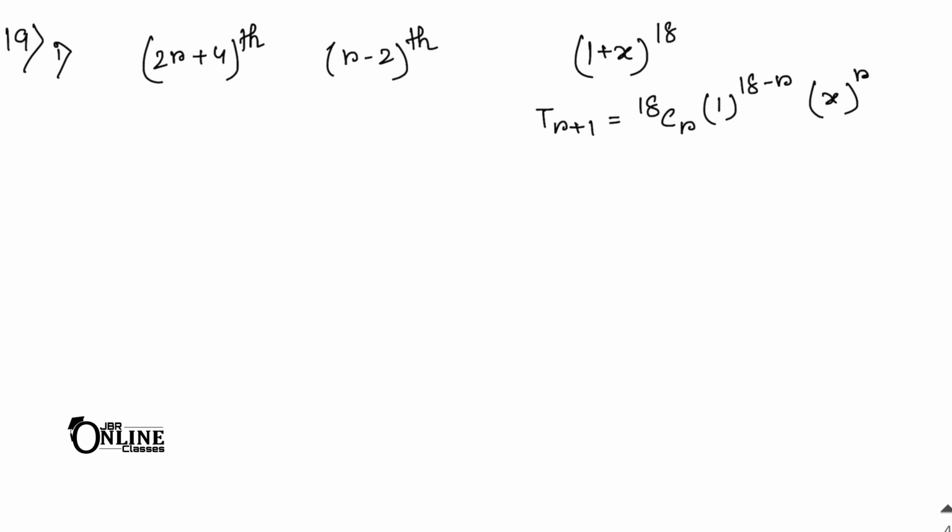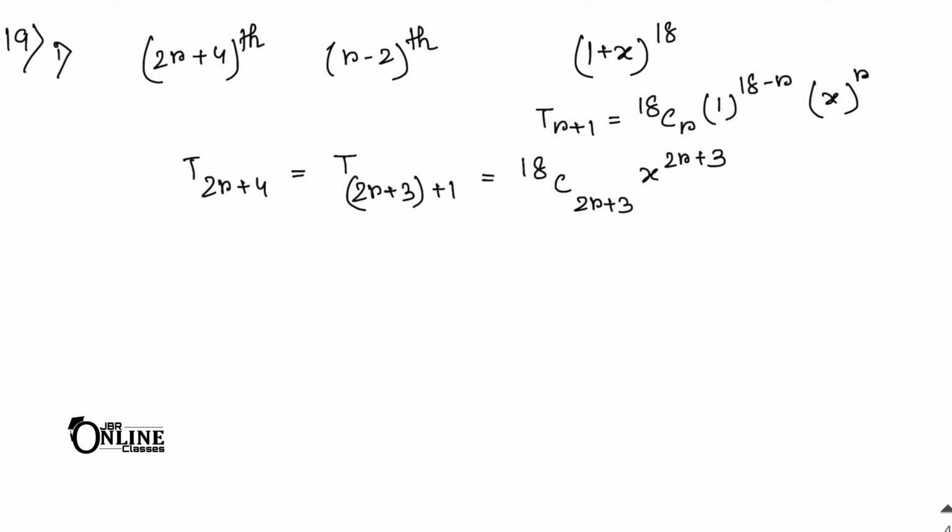So write the (2r+4)th term, that means T(2r+3+1) equals 18C(2r+3), and it will be 1 to the power something, it means 1, and then x to the power 2r+3.